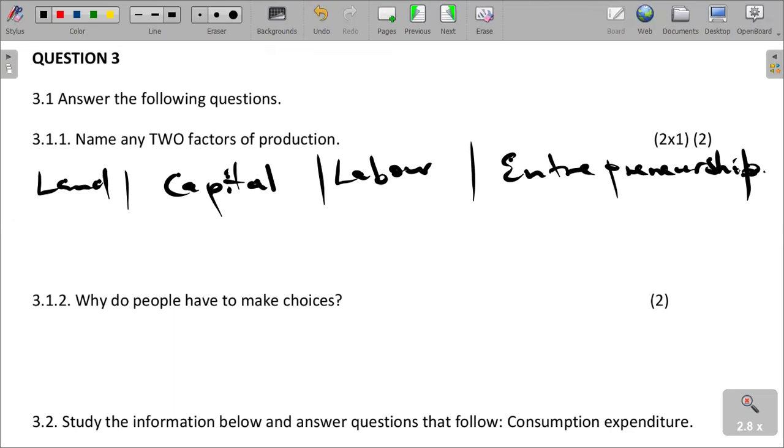And then, why do people have to make choices?